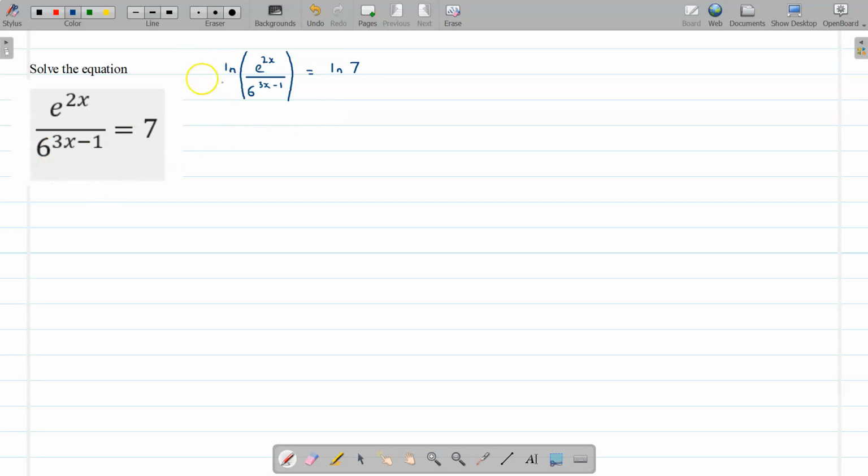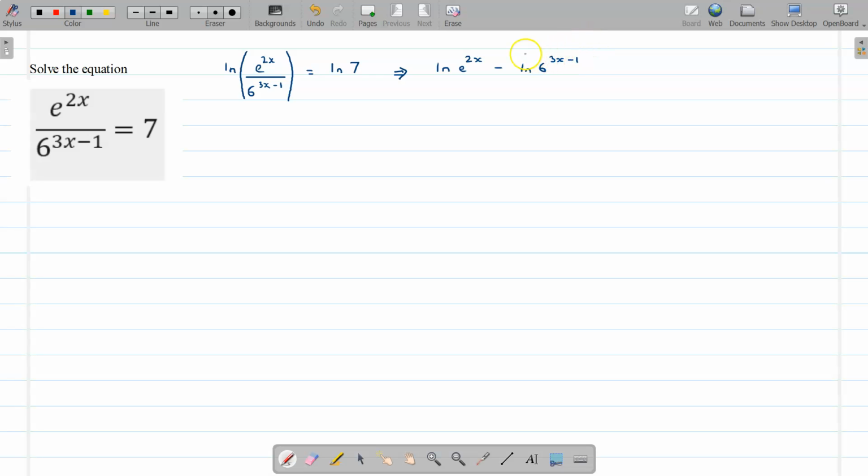So you should now recognize that the left hand side can be written as the natural log of e to the power of 2x minus the natural log of 6 to the power 3x minus 1.